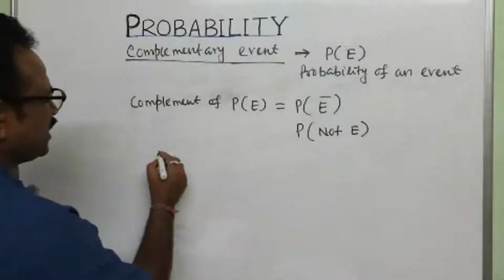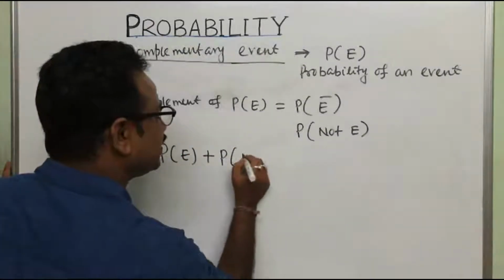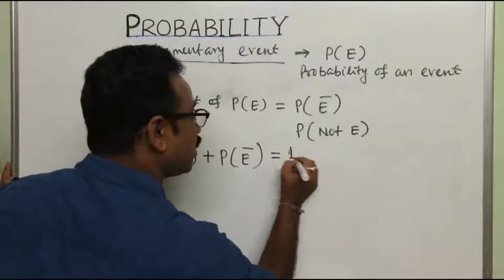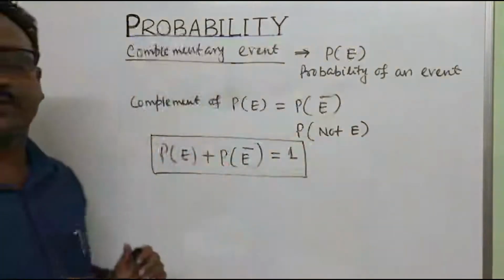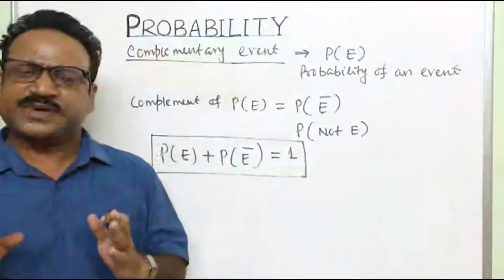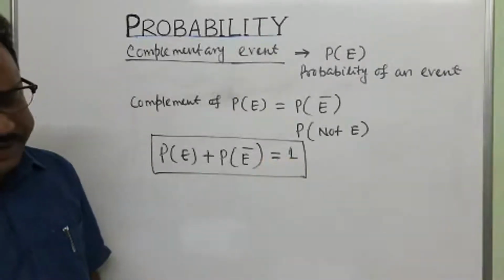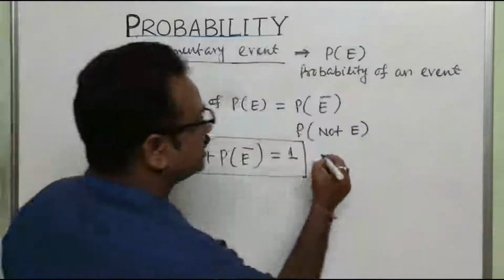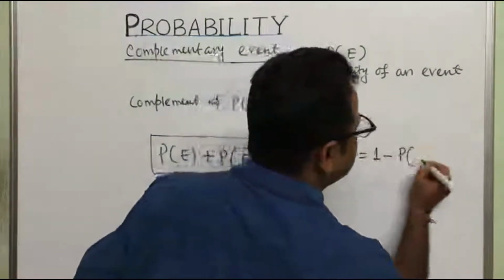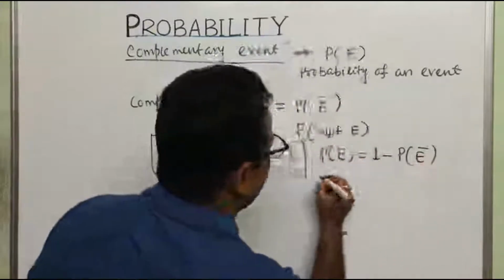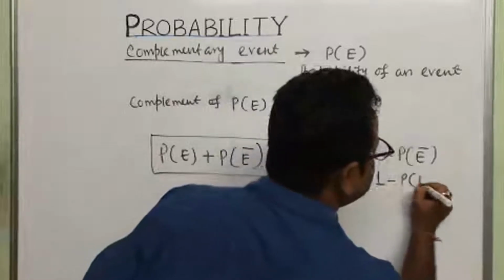So now P(E) plus P(not E) is equal to 1, always. Suppose the probability to find out is P(E): P(E) is equal to 1 minus P(not E), or P(not E) is equal to 1 minus P(E).